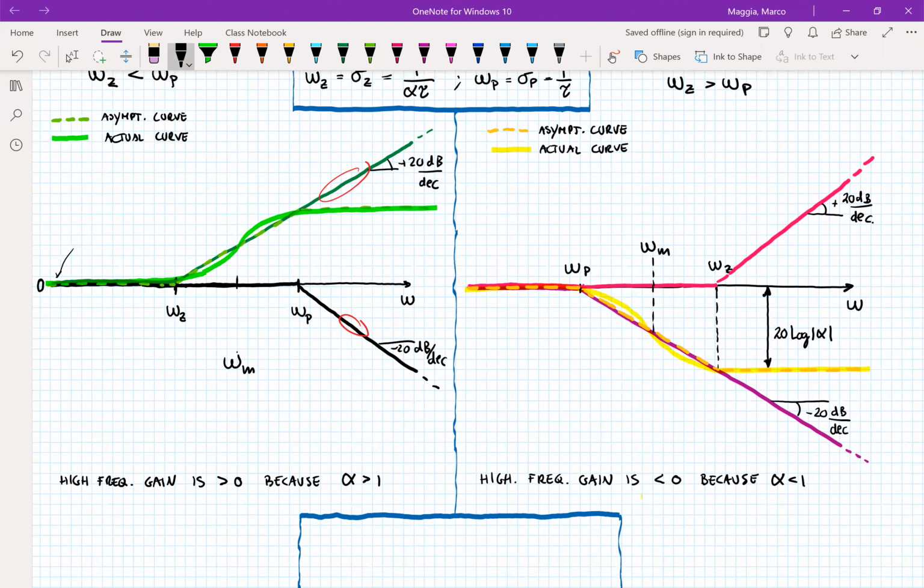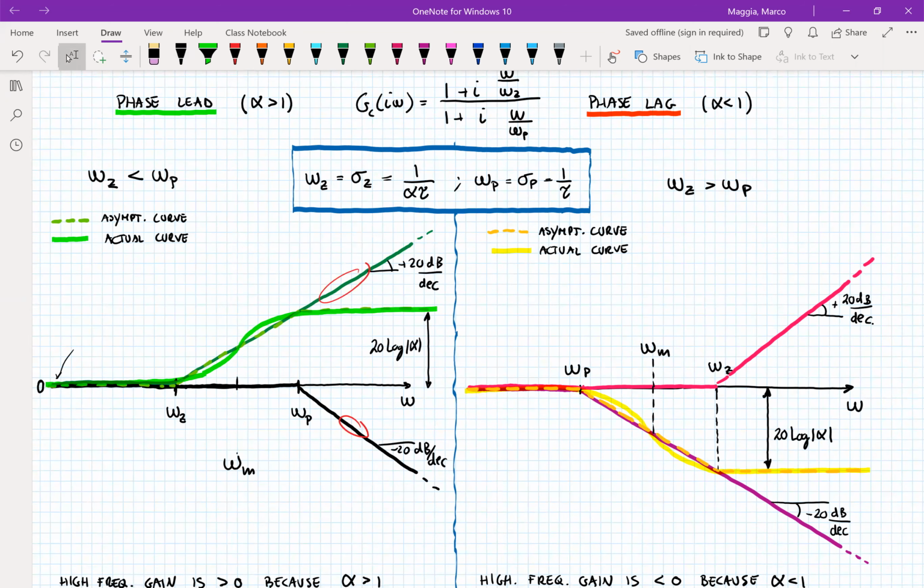So for high frequencies, the magnitude tends to 20 logarithm of alpha. And since alpha for a phase lead compensator is greater than 1, logarithm of something that is greater than 1 is positive. So that matches perfectly what we were expecting.